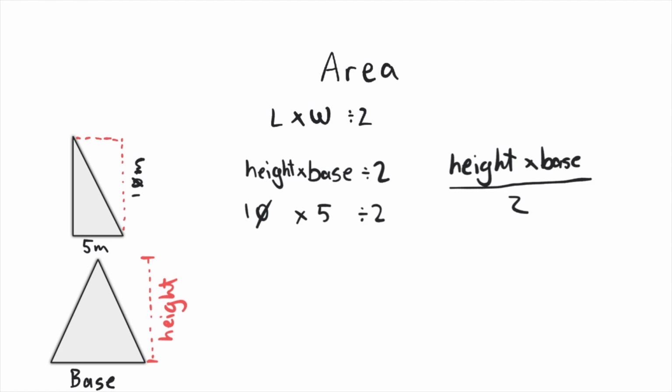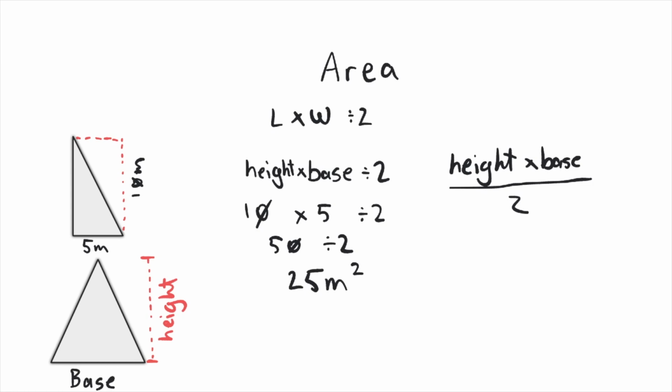When you see that, just remember fractions are division, and it still plays out the same way. So 10 times 5 is 50 divided by 2, which is 25 meters. And what is super important with area? That's right, squared. That's how we calculate area for a triangle.